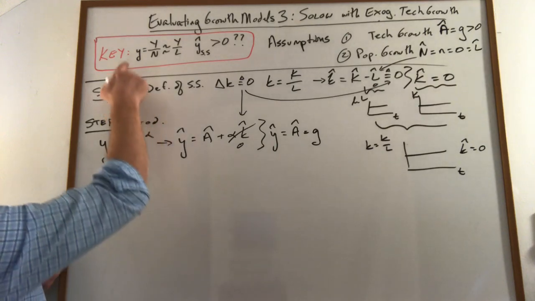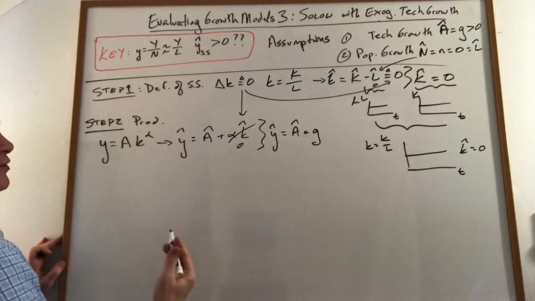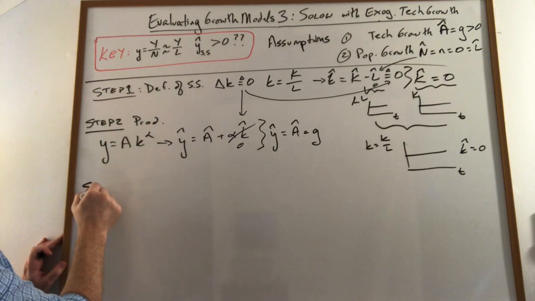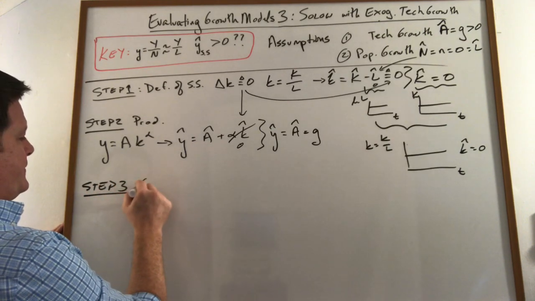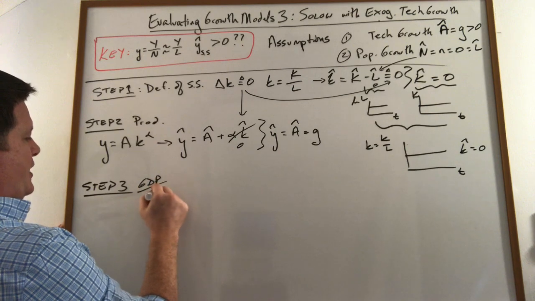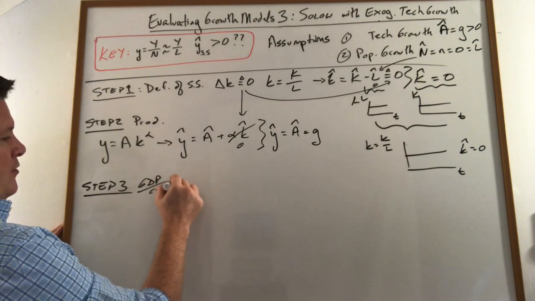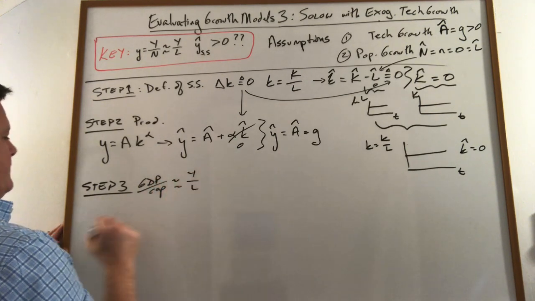Now we can look at GDP per capita and see what's driving it. And you'll see why we do step 3. GDP per capita or per labor.